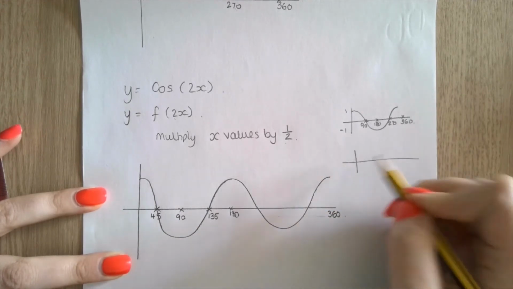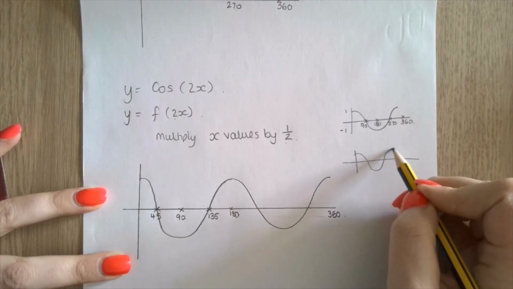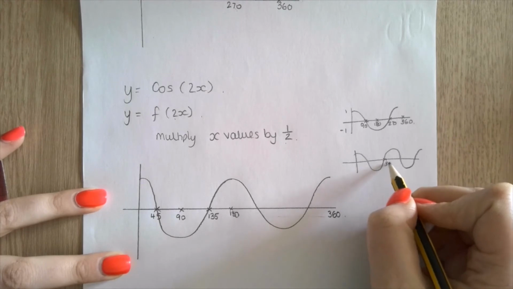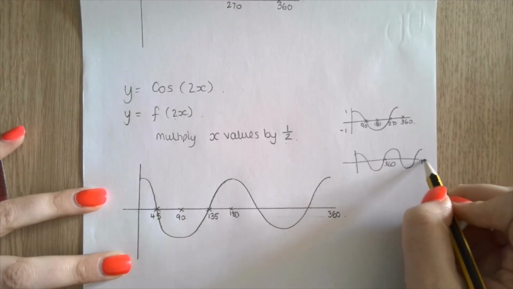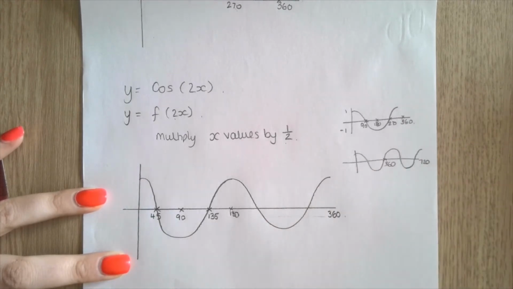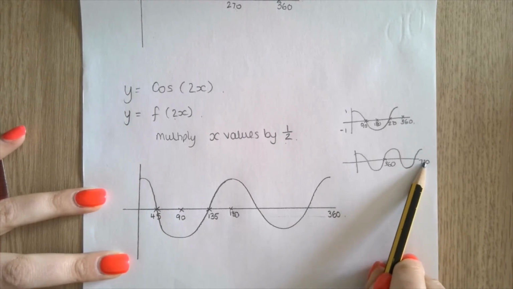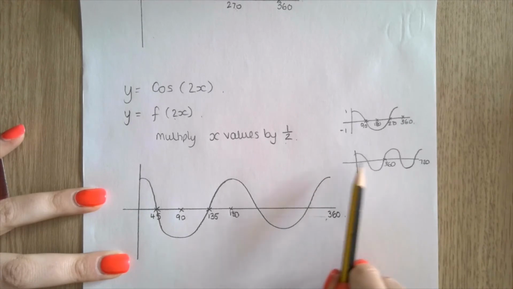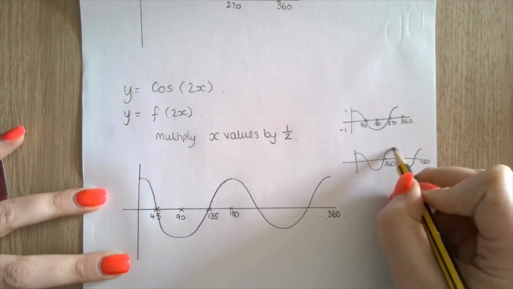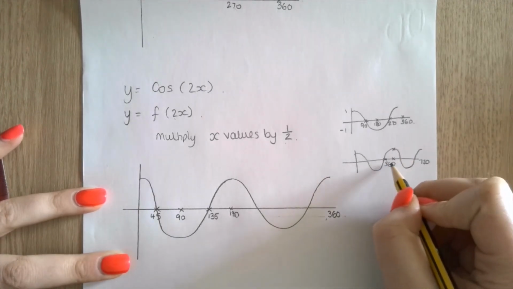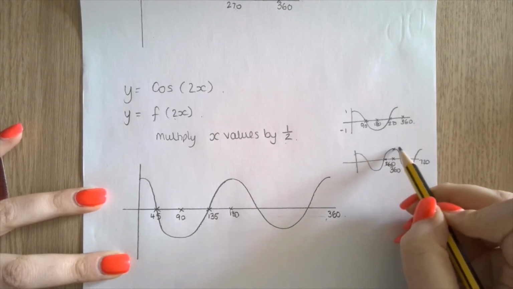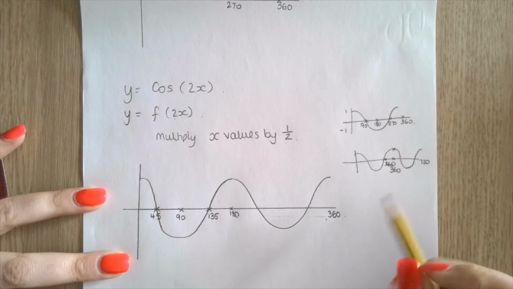Simply being, if I was to draw this out to 720, half of 720 is 360, and therefore you can see the repetition of the curve every 360 degrees.